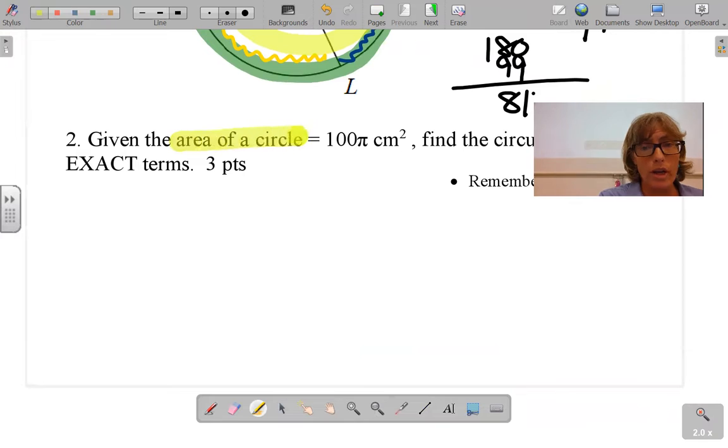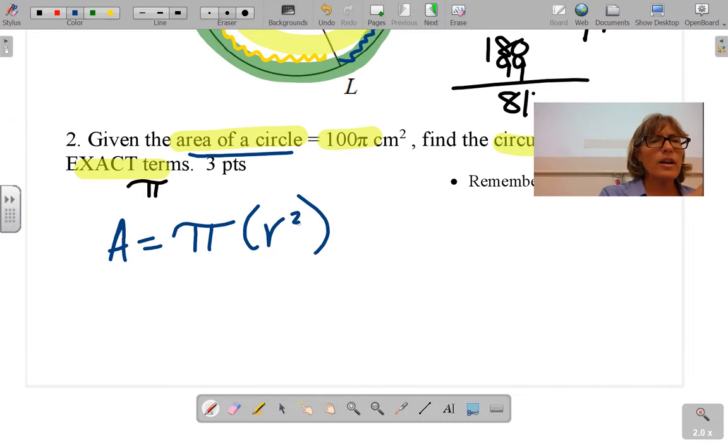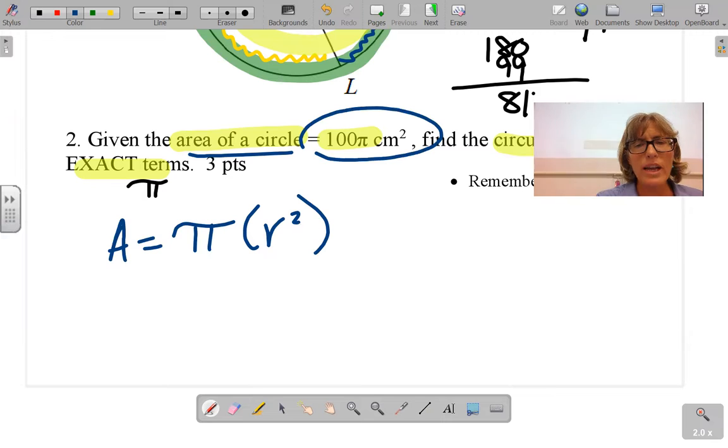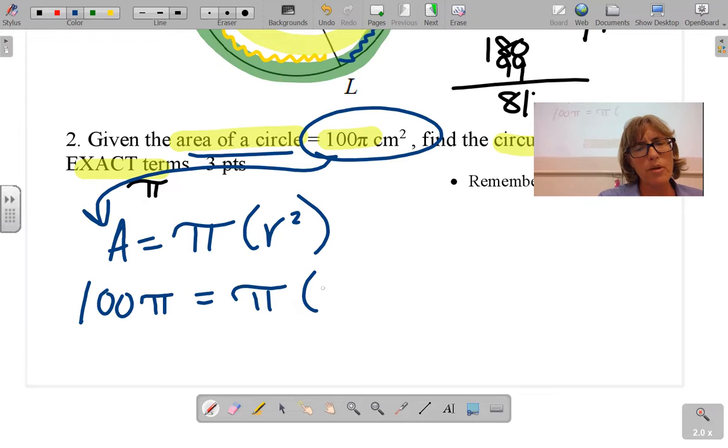Given the area of a circle is 100 pi, find the circumference in exact terms. Exact means pi form. So we start with area. Apple pie is really, really good. And we are told the area is 100 pi. So I have 100 pi equals pi parentheses r squared.